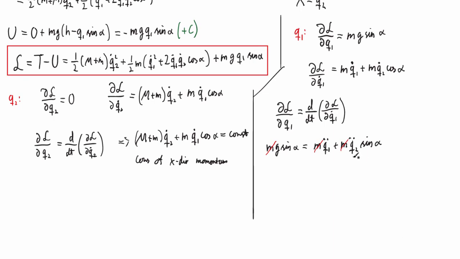Now what we're looking for here is the acceleration in Q1. We wanted Q1 double dot, and that means we have to find an expression for Q2 double dot. So we didn't quite finish over here, so let's do that.